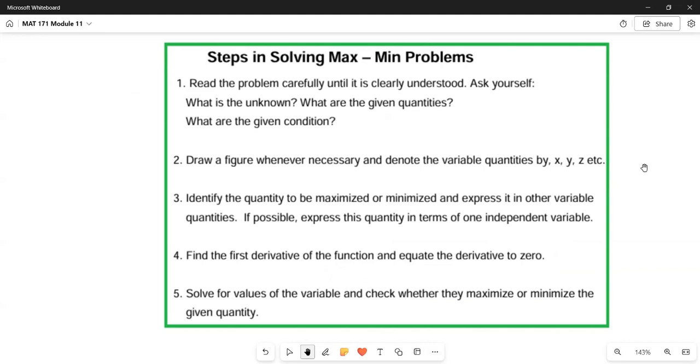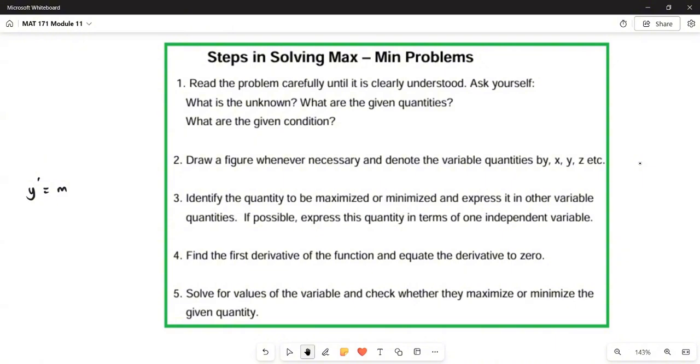For the next step, find the first derivative of the function and equate the derivative to 0. From our previous module, we know that the first derivative is just the slope of a curve or a function at a specific point. When you are at a maximum or minimum point, the slope is 0. That's why when we take the derivative of our equation, we equate it to 0. The value we need is the one at the top or at the bottom.